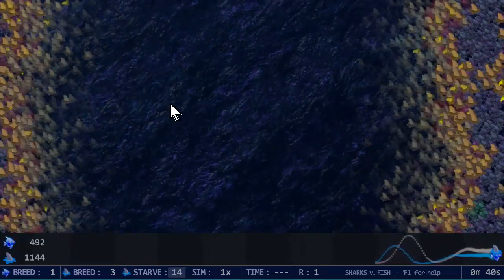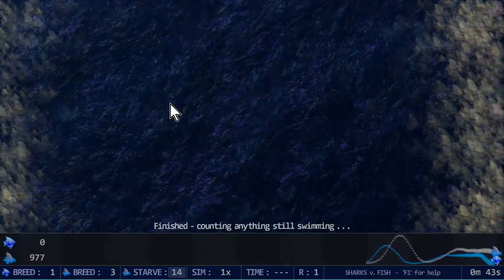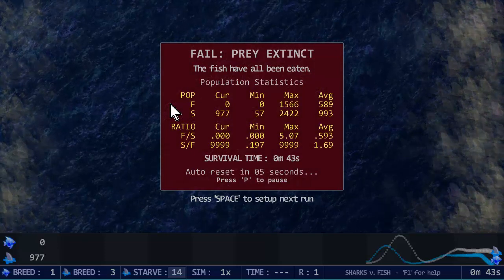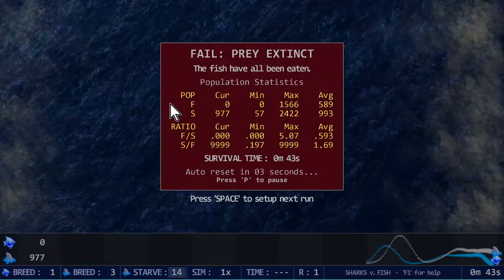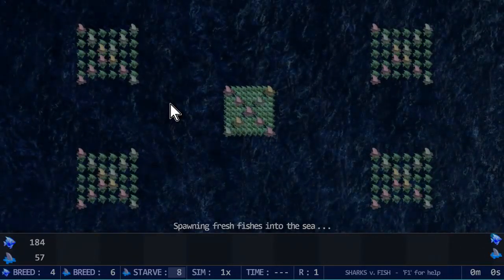Now in nature, these populations have been around a long time, and the numbers are much more stable and not so subject to disaster like some of the numbers you can come up with here.